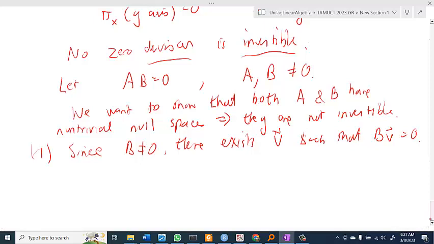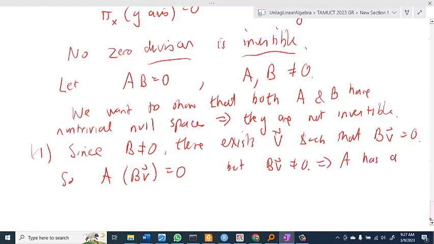So then we also have A times BV is equal to 0, but BV is not 0. That means BV is in the null space of A. So A has a non-trivial null space, so A is non-invertible.